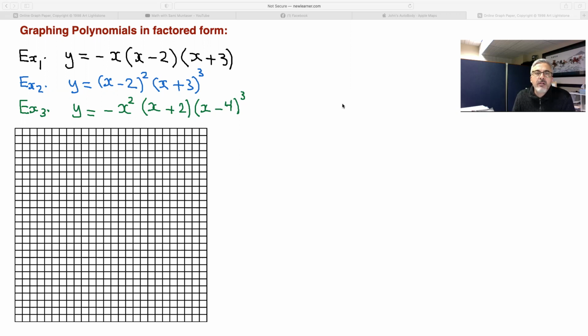So I'm going to do the first example, which is the basic one. For example one, y equals negative x times (x minus 2) times (x plus 3).